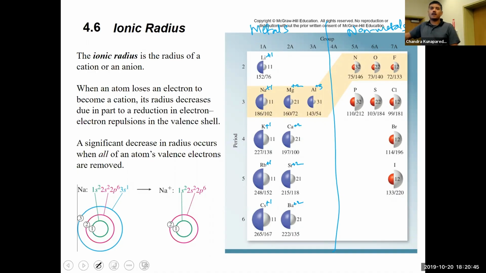So let's talk about the elements on the right side. Elements on the right side are non-metals, groups 5A, 6A, and 7A, and you can see that their ionic radius is actually increasing.